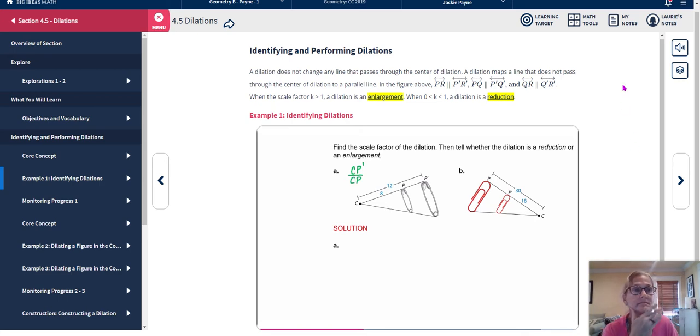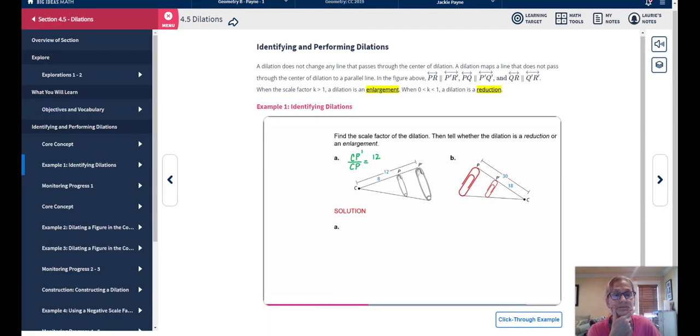So CP prime is equal to 12, and CP is equal to 8. Because CP prime divided by CP is equal to 12 divided by 8, or 12/8, the scale factor is K equals 3/2. When the scale factor K is greater than 1, a dilation is an enlargement. 3/2 is greater than 1, so the dilation is an enlargement.